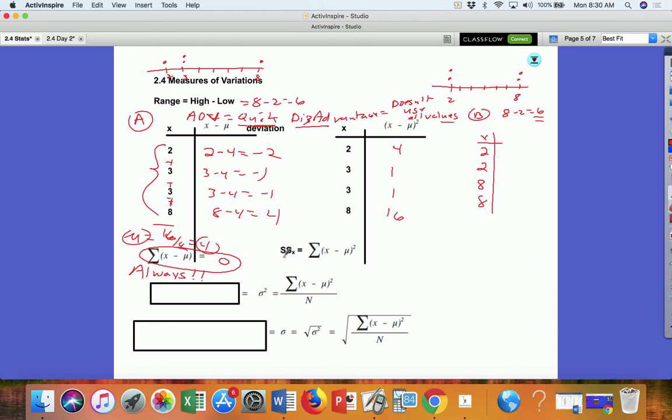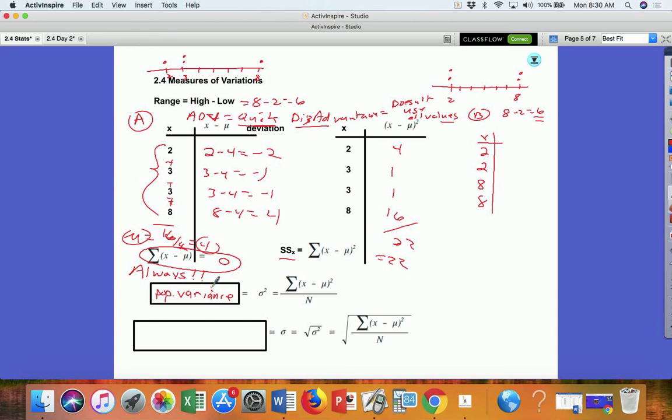We call this the sum of the squares. What's the sum of these squares? Well, it's going to be 4 plus 16 plus 2 plus 2, which is 22. So the bigger that gets, the higher the deviation would be in a set. Here's what we're going to do. We're going to calculate the population variance.